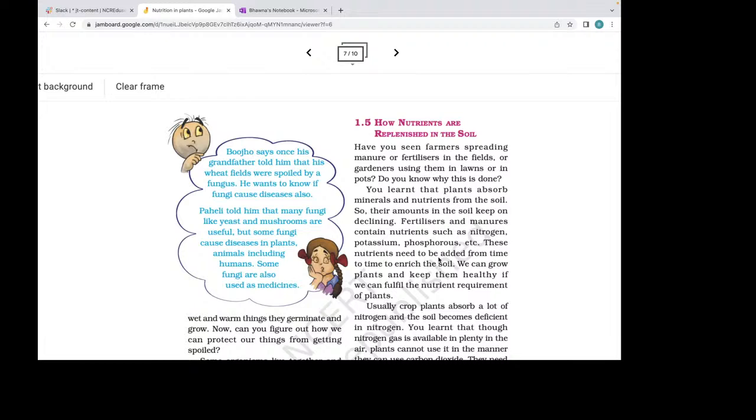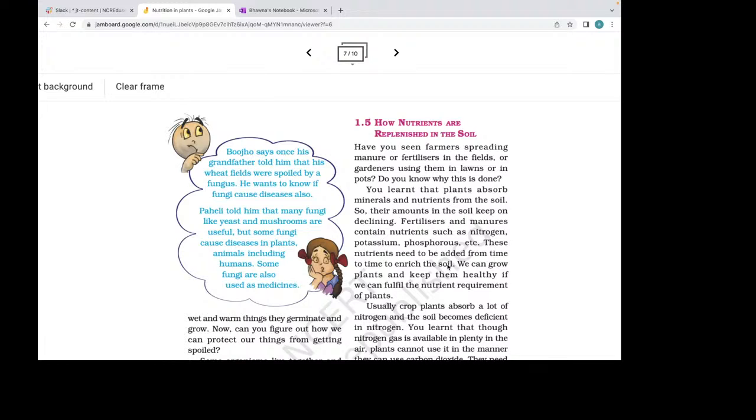These nutrients need to be added from time to time to enrich the soil. So ये जो कमी है इसको पूरा करने के लिए हमें इन fertilizers को टाइम पर ऐड करना होता है, तभी मिट्टी के अंदर जो न्यूट्रिएंट्स हैं, जो मिनरल्स हैं वो बने रहेंगे, सो दैट प्लांट्स कैन गेट देम एंड प्रिपेयर द फूड.